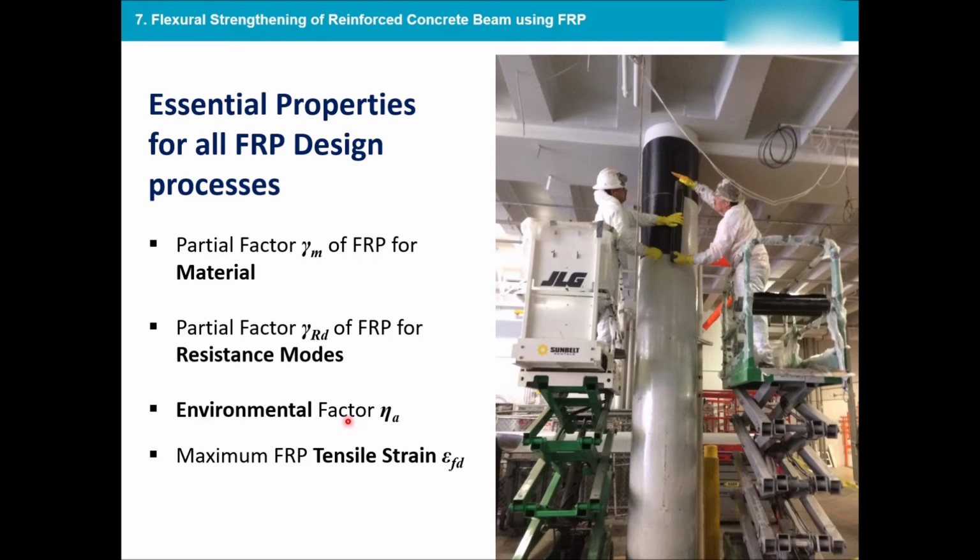Another one is an environmental factor, and one of the other ones is the maximum FRP tensile strength. Do you remember we discussed the relationship between stress, strain, and elastic modulus? Now I have the elastic modulus, I have the strength of my FRP, so let's see what happens to the tensile strain of my FRP.